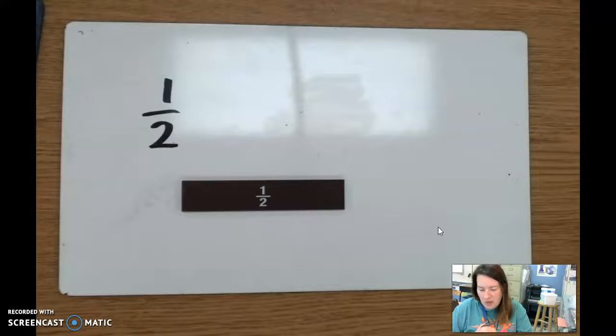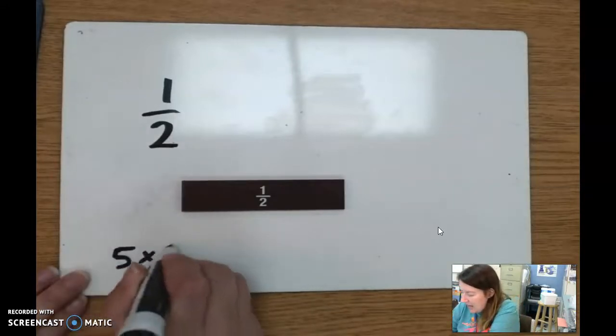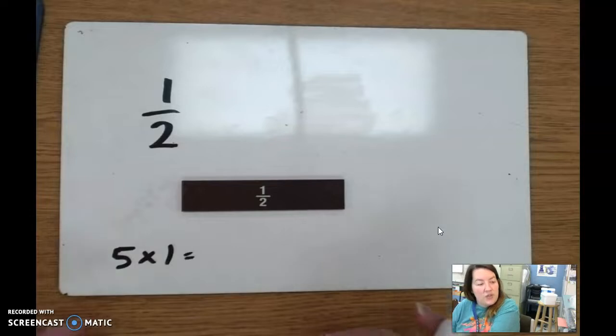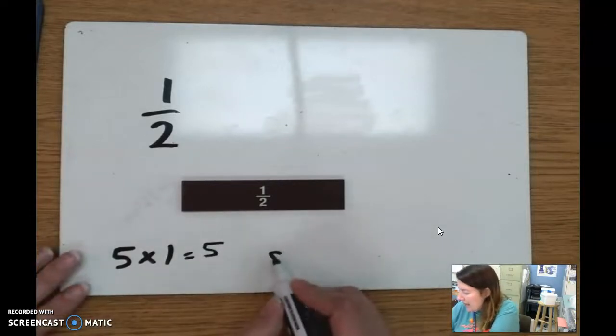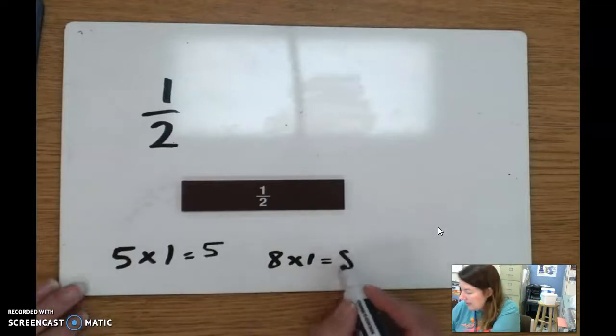Isn't it a rule in multiplication that if you multiply any number by 1, it still equals the same number? Like if I had 5 times 1, the answer would still be 5, wouldn't it? Or if I had 8 times 1, the answer is still 8.